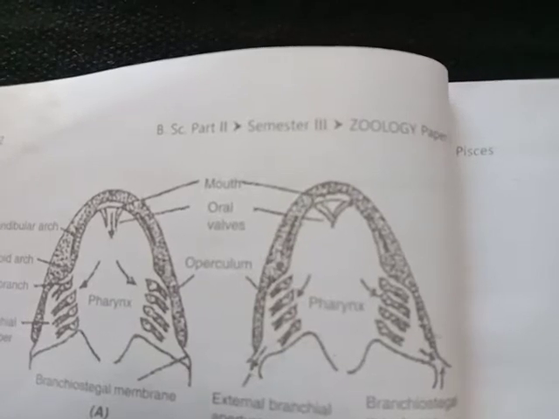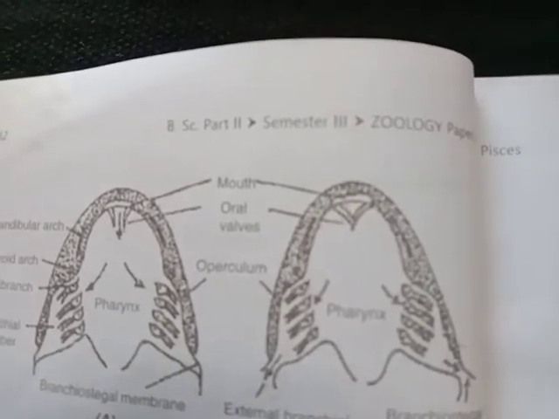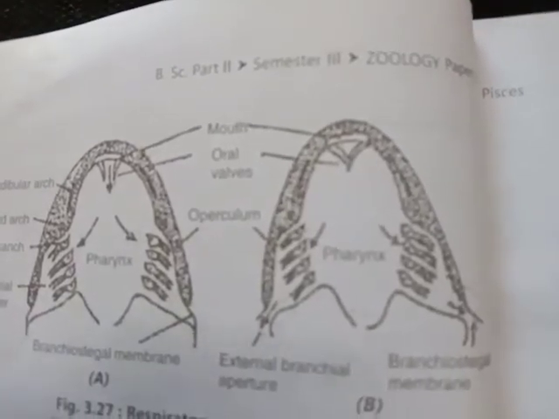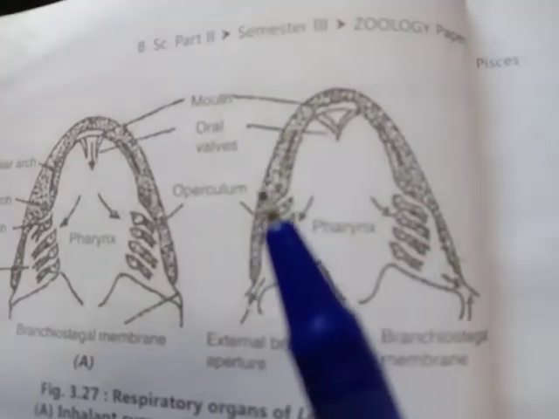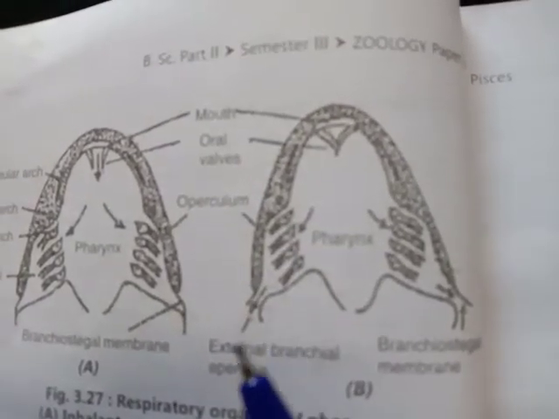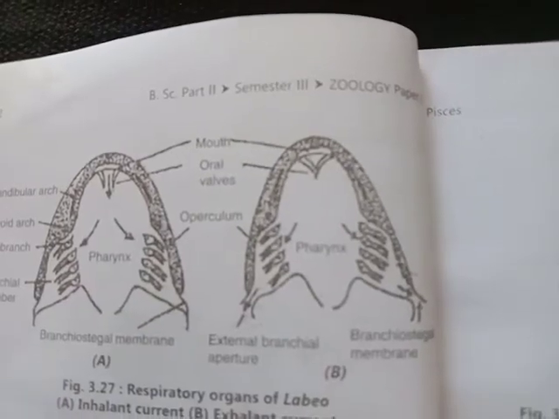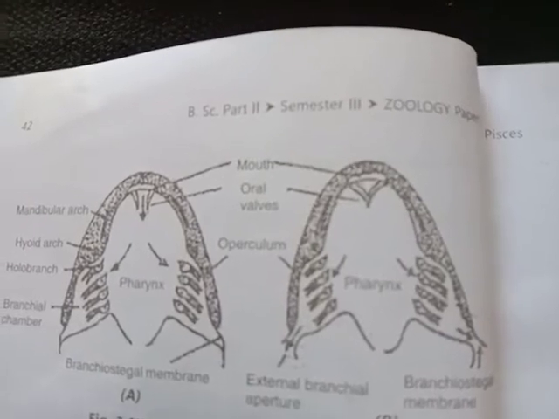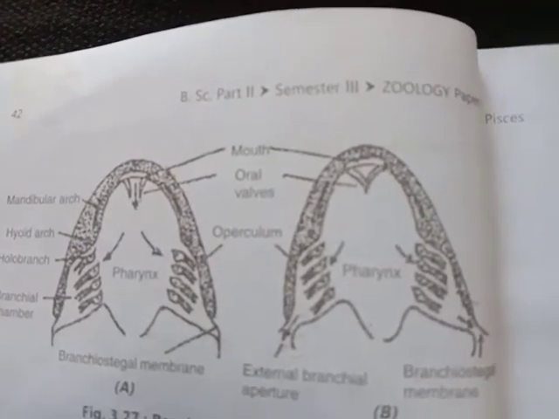In the gill chamber lie the gills. The gill chamber opens posteriorly by an external branchial aperture, which is located at the posterior side. The inner surface of the operculum is lined by a branchial membrane.